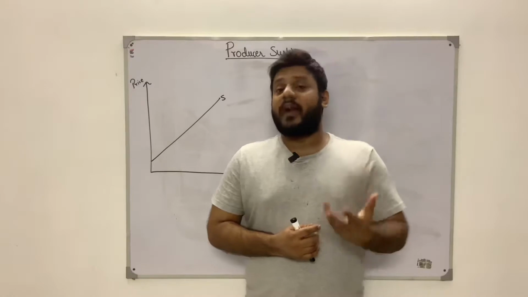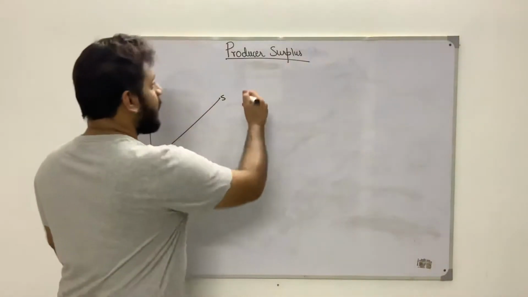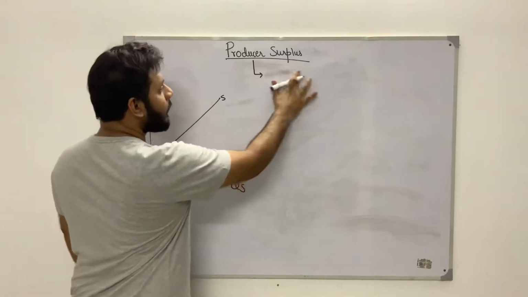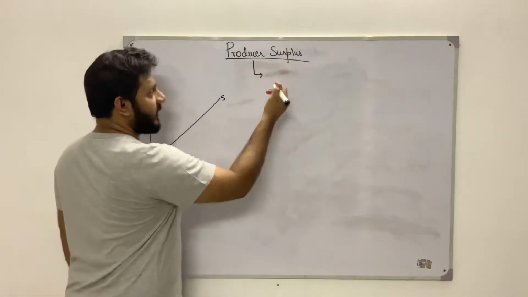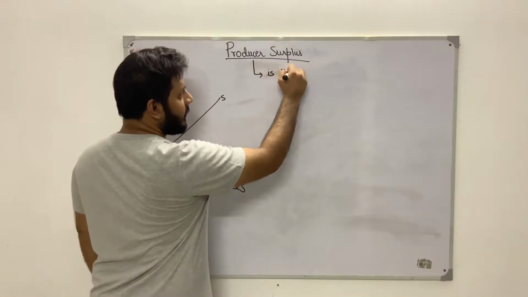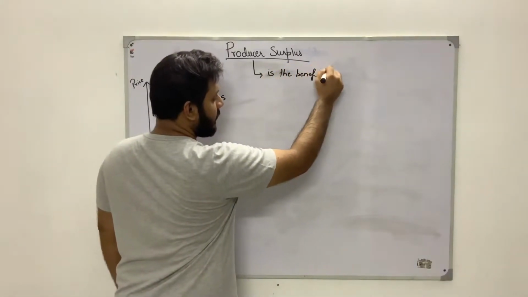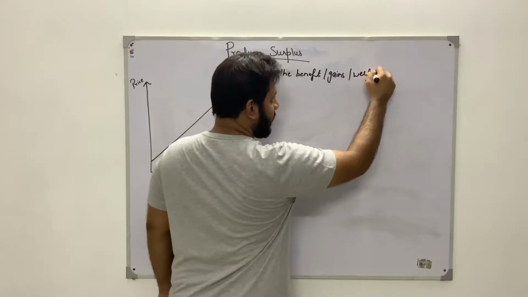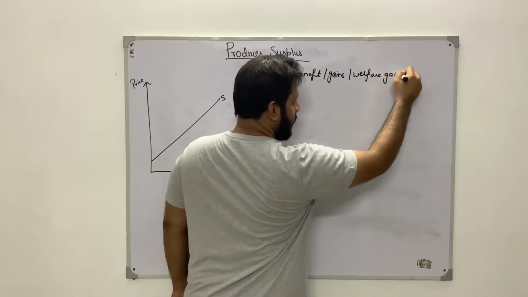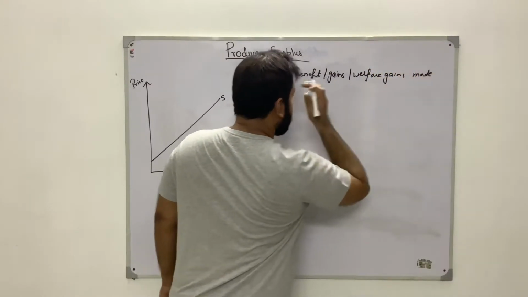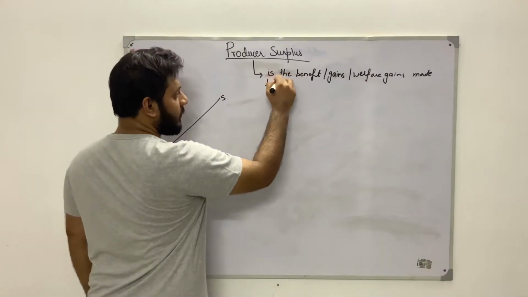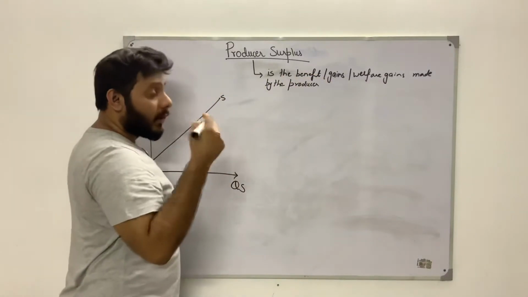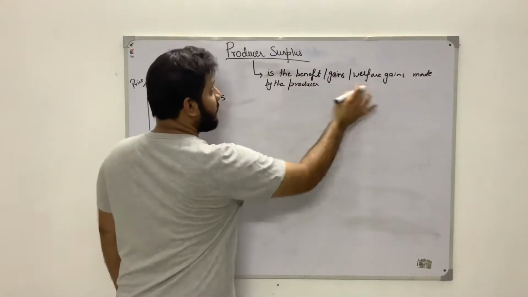So you could define producer surplus by saying that producer surplus is the benefit or gains, or you can say welfare gains, that are made by the producer. And why has he made these welfare gains?